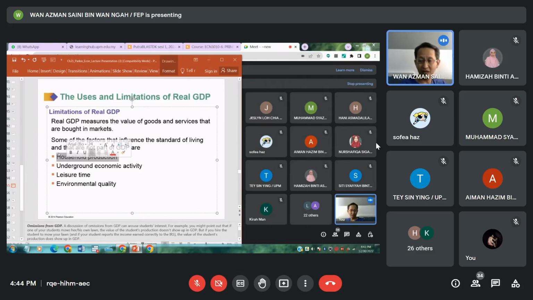But GDP only measures the amount of money that you have. It doesn't measure the leisure time that you have, which is also important for measuring standard of living, right? So GDP fails to address the quantity or the quality of leisure time that you have.